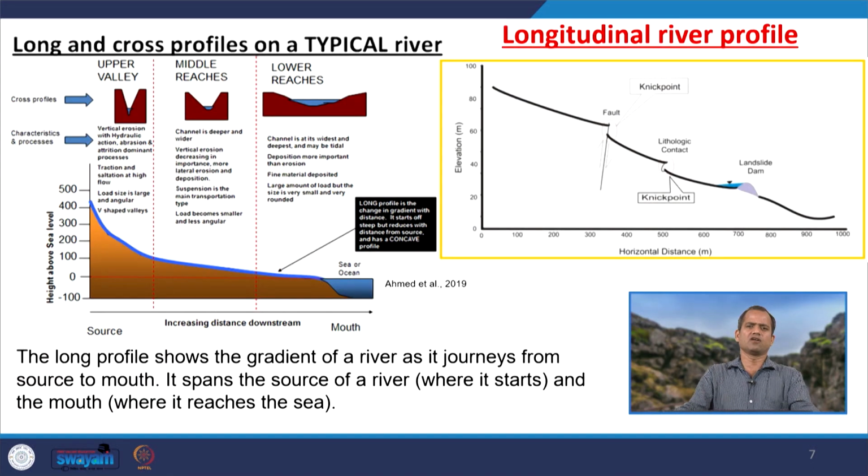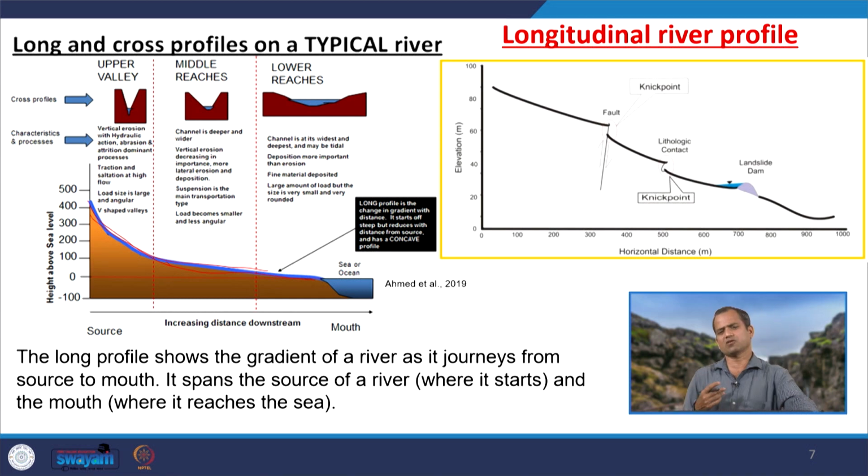Another is the longitudinal river profile. If you see, an undisturbed longitudinal river profile is concave up, but there may be slight convexity in between. That depends upon the local base level, upon the fault, and upon bedrock protrusions like this.